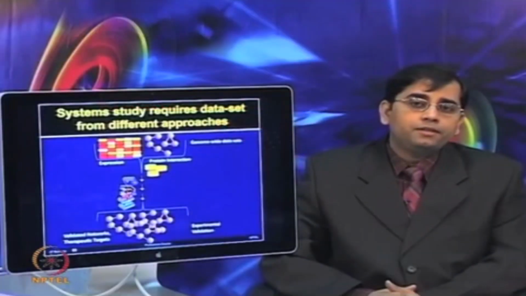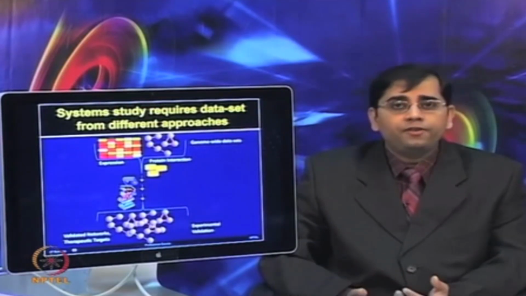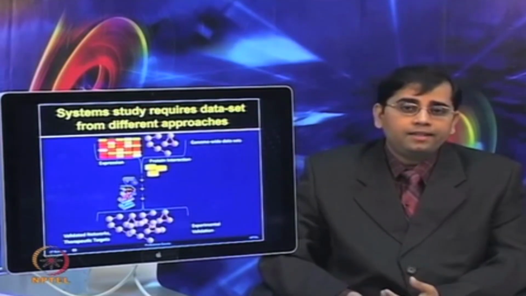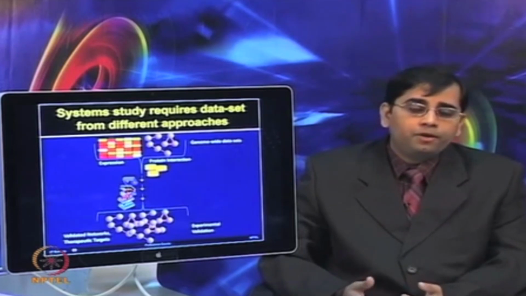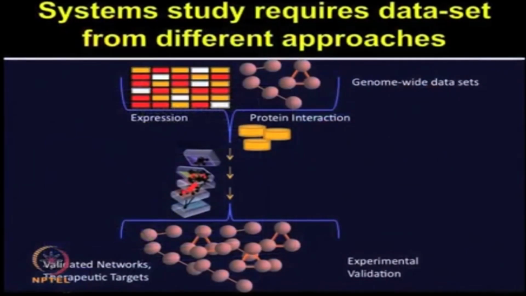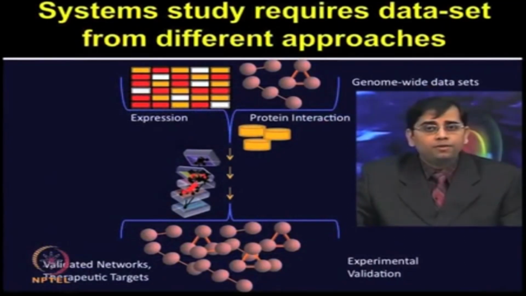The system study requires obtaining data sets from different approaches and analyzing them. For example, as shown in the slide, the genome-wide data sets can be derived at the genome level, looking at the expression of the different transcripts, or at the proteome level, looking at different types of protein interactions.